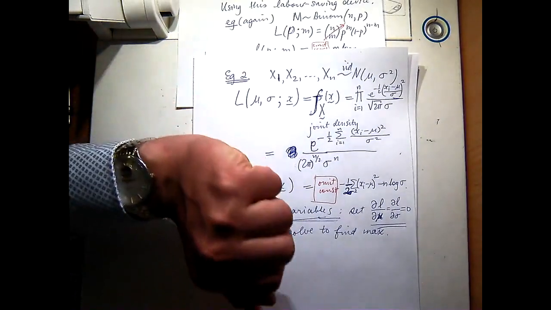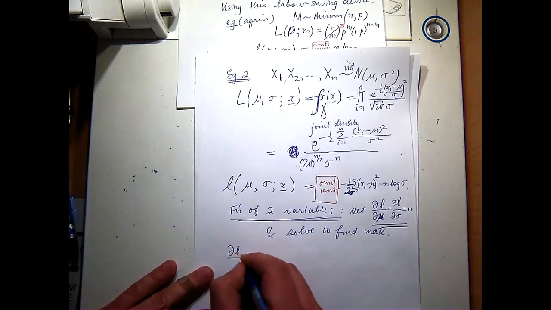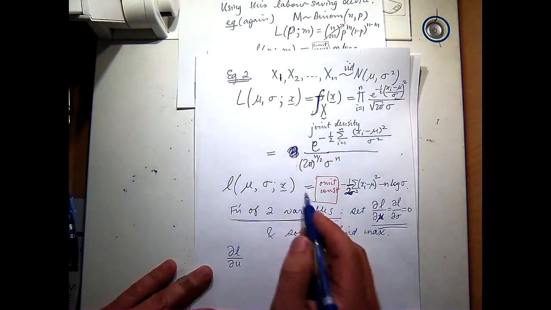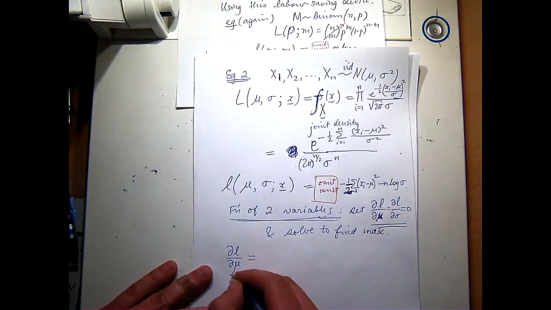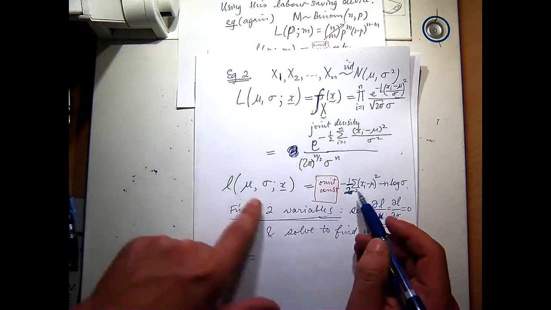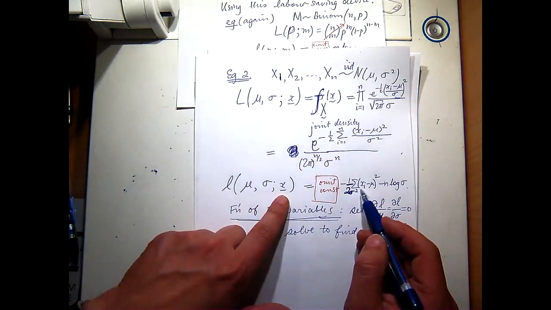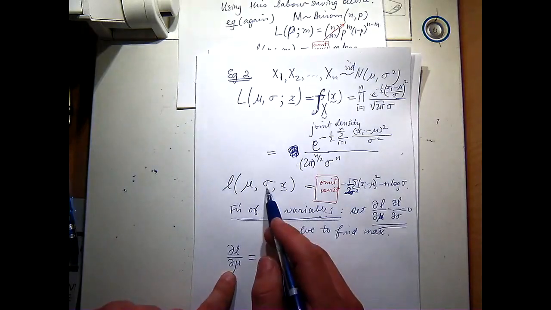I don't have a lot of time right now. So let's do partial L by mu. Remember, in the likelihood, x is a constant. That's the key thing. And if you're doing the partial with respect to mu, then sigma is a constant.